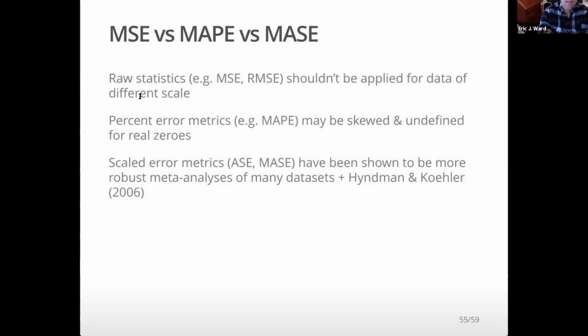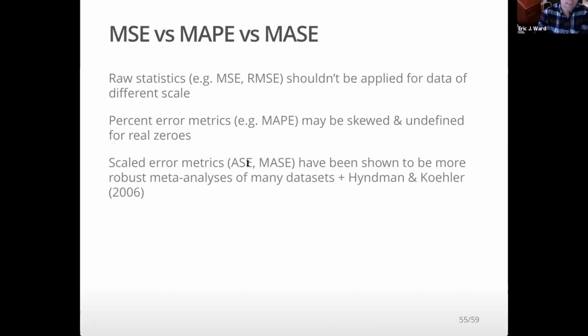So the take home for these MSE versus MAPE versus MACE statistics is generally that you should use mean squared error and root mean squared error when you can, but it shouldn't really be applied if you have data of widely different scale. So again, if you have time series that are not standardized, for example, or one time series that has a lot of missing values, or things on different scales, that is a situation where those can be problematic.